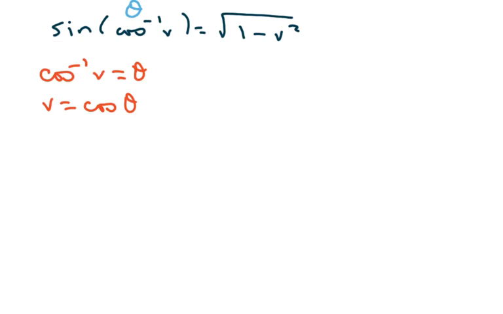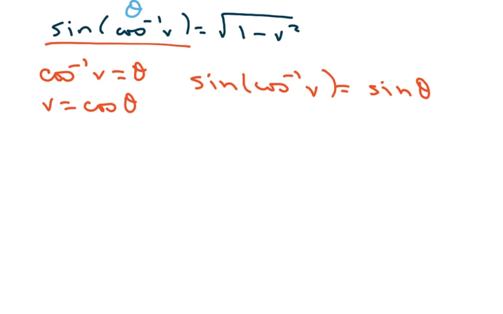Now I'm going to write that again. So we have sine of inverse cosine of v equals sine of theta. I know that this part here equals my angle, which is right here. So I just rewrote that.